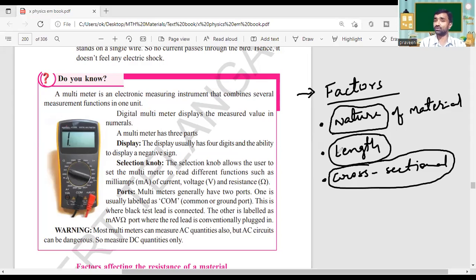That's why we give importance to length and cross-sectional area. We are also giving importance to the temperature. These are the factors influencing the resistance that we need to discuss.